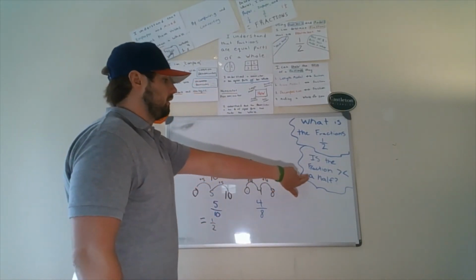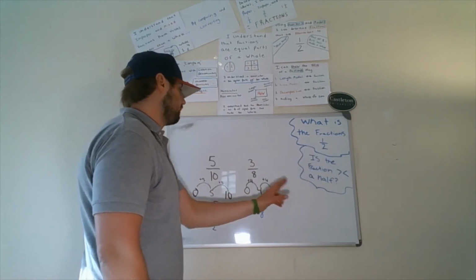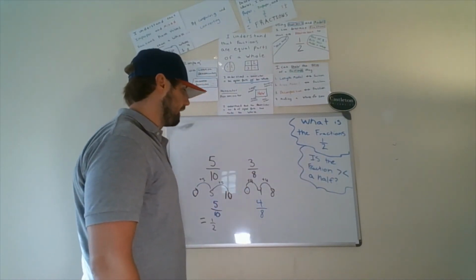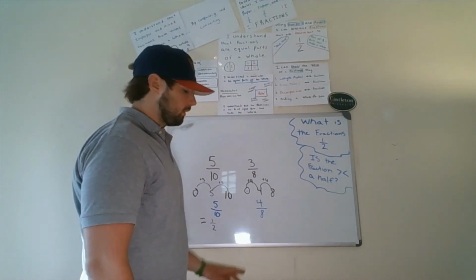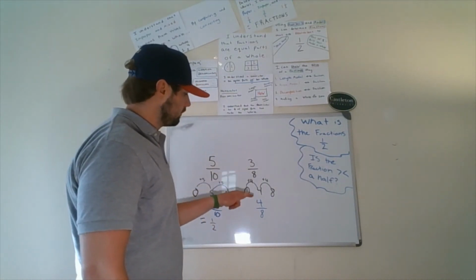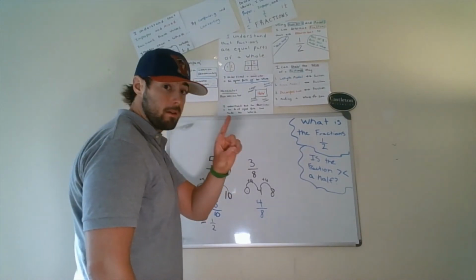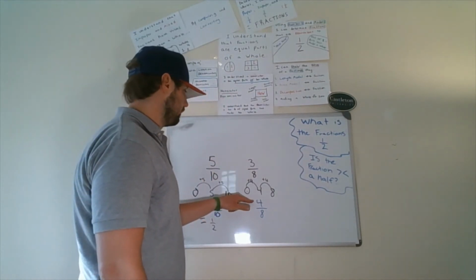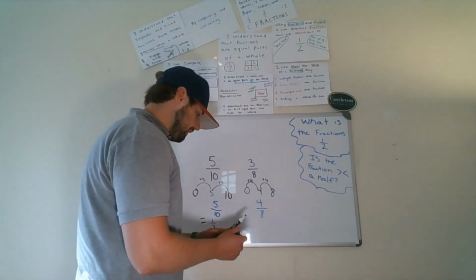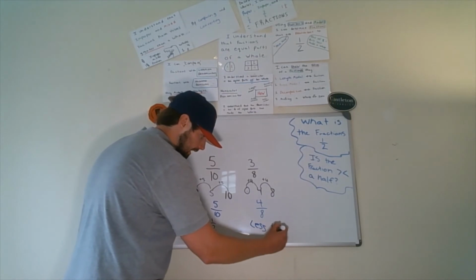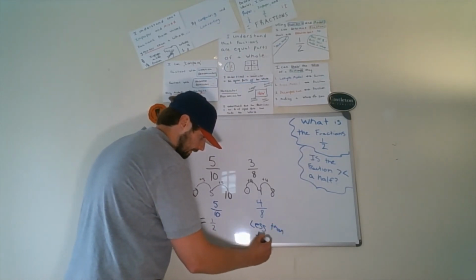Is the fraction greater than, less than, equal to a half? 3/8 compared to, actually, 4/8. Looking at those numerators, 4 is 1 part greater than 3. It is indeed less than half.